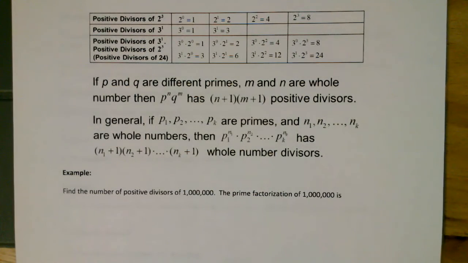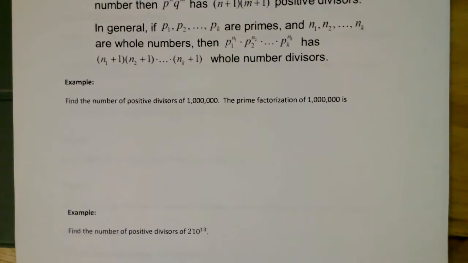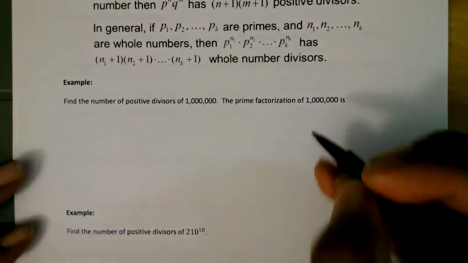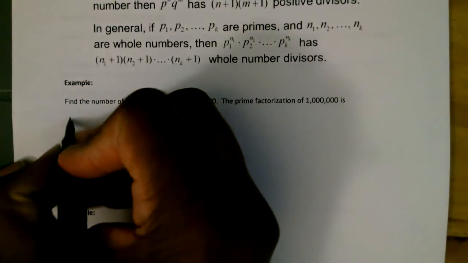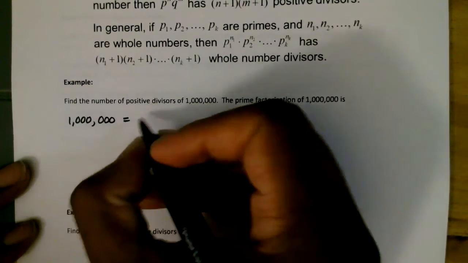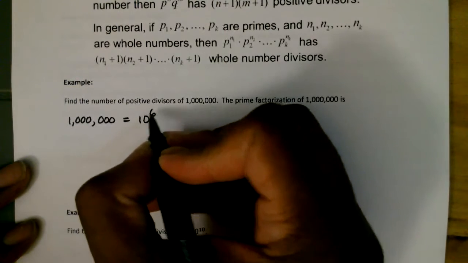So let's look at a couple of examples of this. Let's say I want to find the number of positive divisors for 1 million. We need to find the prime factorization of 1 million, which I'm going to write as 10 to the 6th.